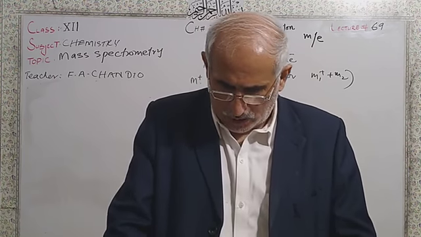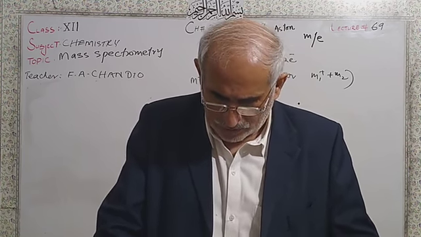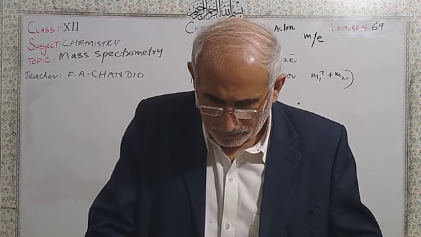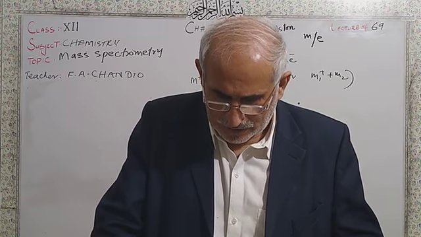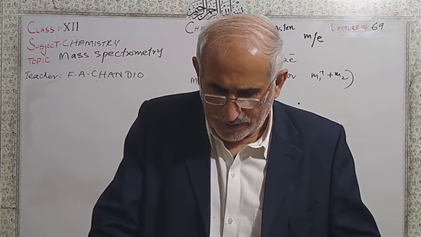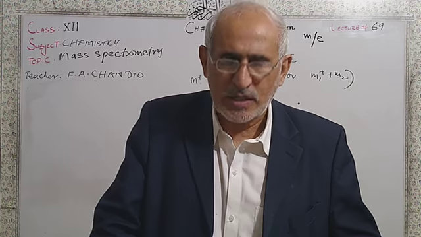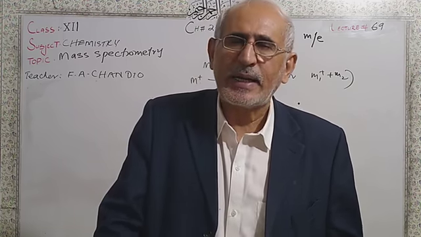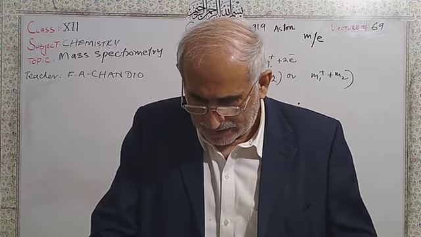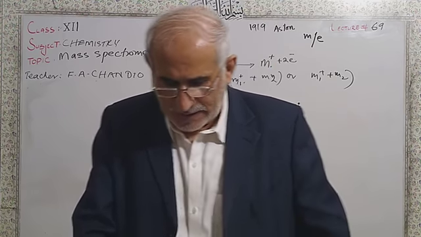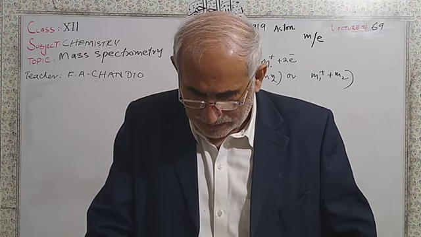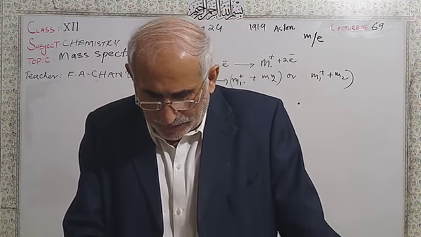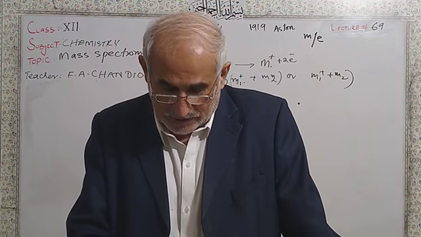So you have the original diagram of the mass spectrometer. You are seeing on the top the vaporized sample, then the ionizing chamber, then the electron gun, where positive and negative charge are given. Then the accelerating electric field, then there is a powerful magnet here, where you can see that heavier particles are deflected later and the lighter particles are deflected first.